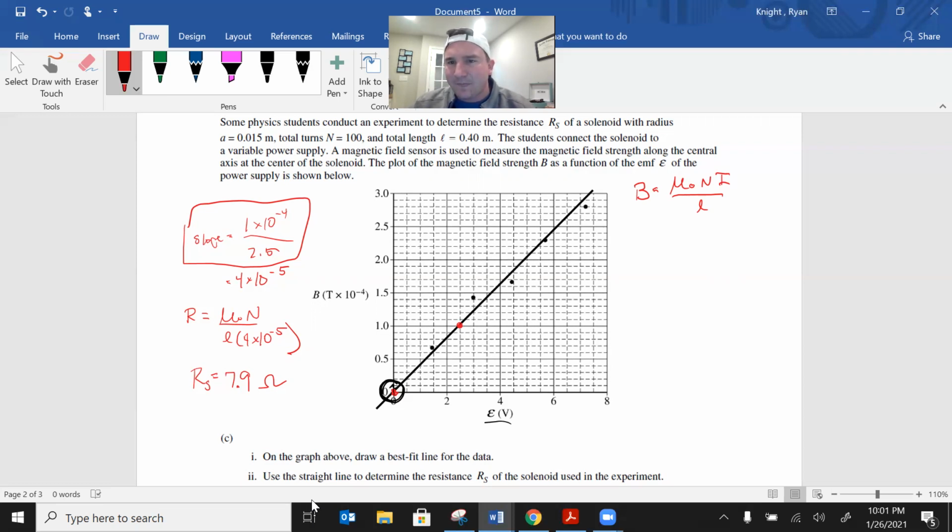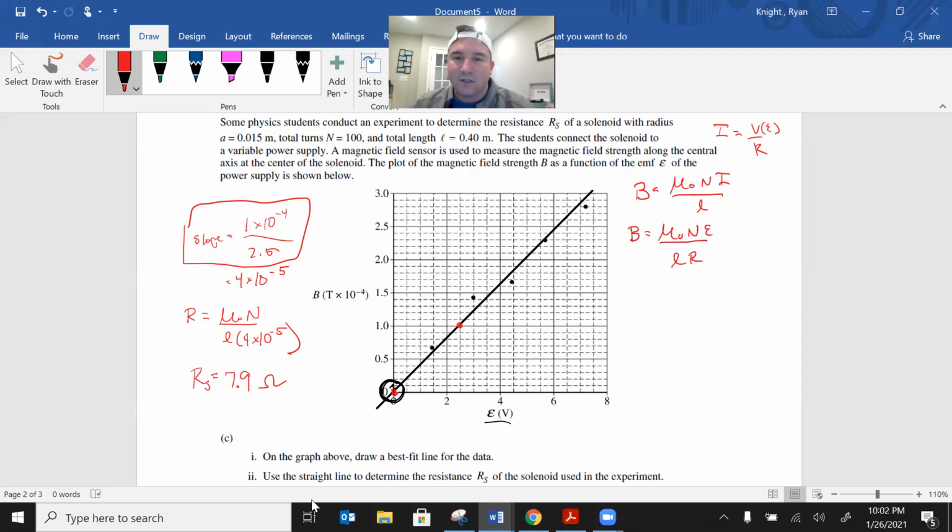All it has is I. But we have Ohm's law, which tells us that I is equal to V divided by R. V is essentially the same thing as E. So that's not multiplication. I'm just telling you that they're essentially the same thing. So we can replace I with E over R. So we can get magnetic field is equal to mu naught N E over LR.